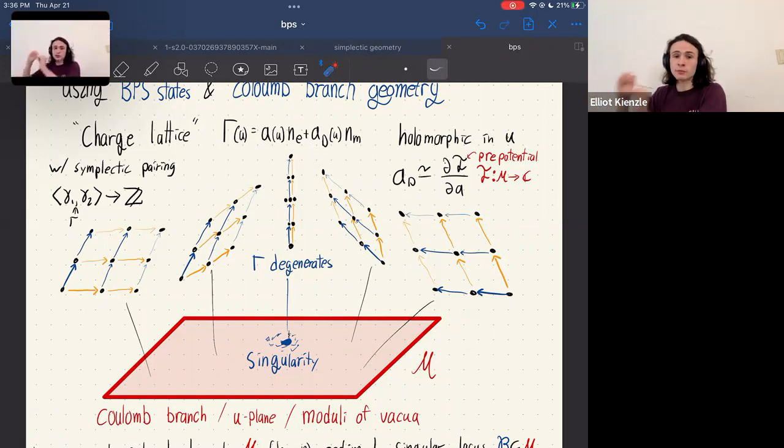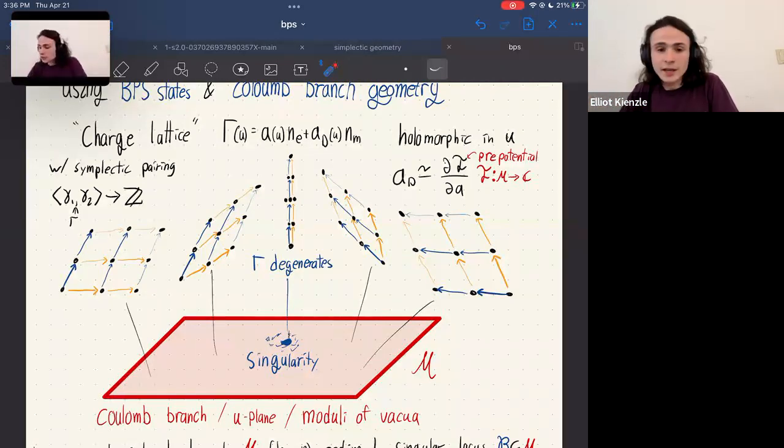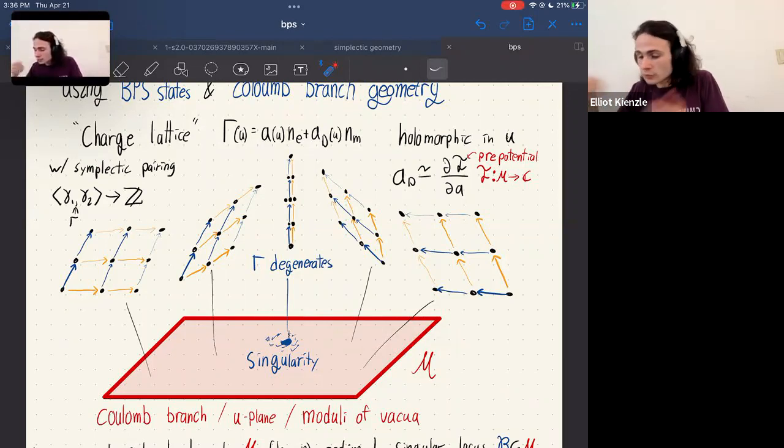We can actually look at what the BPS states are, and they correspond to monopoles with a given charge. Those different charges are given in a lattice, and that is what happens at infinity. And as we deform out from infinity to the more quantum regime, these lattices deform along with it. The structure of the deformation is what they use to get the theory.